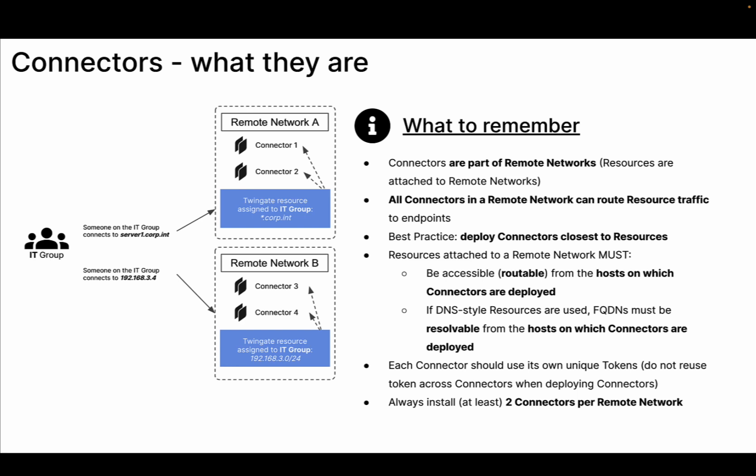The load balancing that connectors offer within a single remote network is not a load balancing of connections. It is a load balancing of devices, which means that if you have a pool of 40 users collectively using 50 devices that are all connecting to resources associated to remote network A, then you have a strong chance that about 25 of those 50 devices are going to build an affinity for connector 1 and typically connect through connector 1.